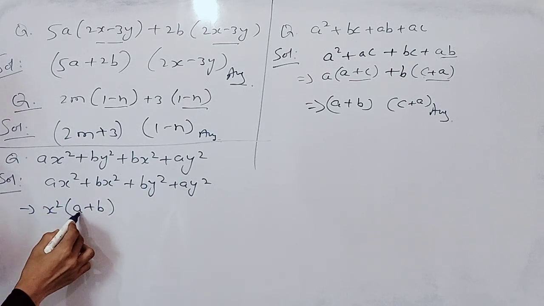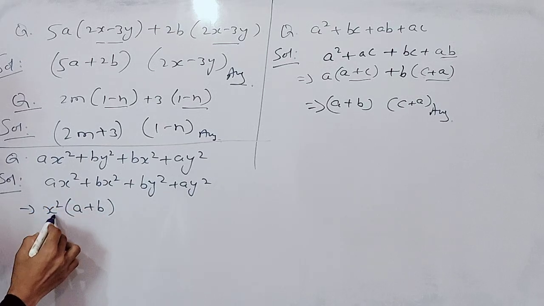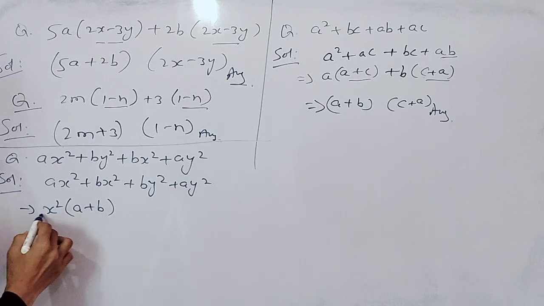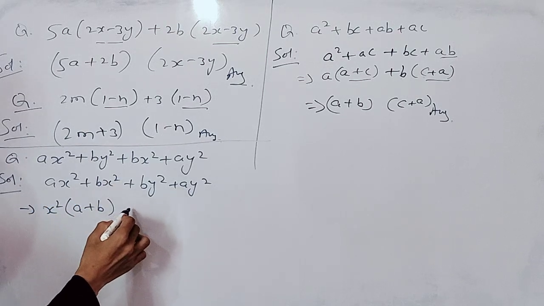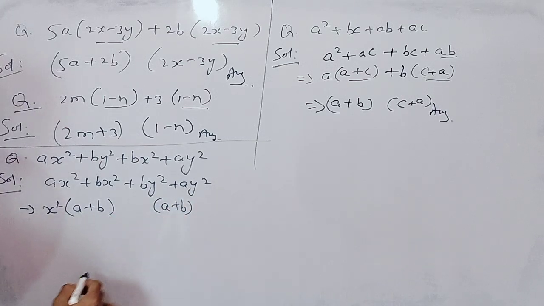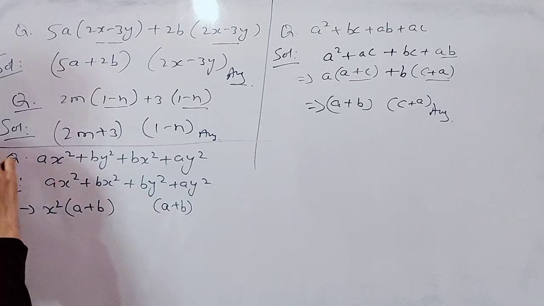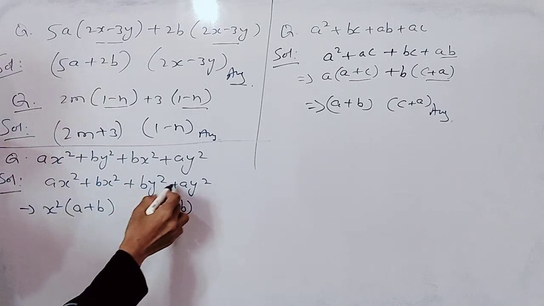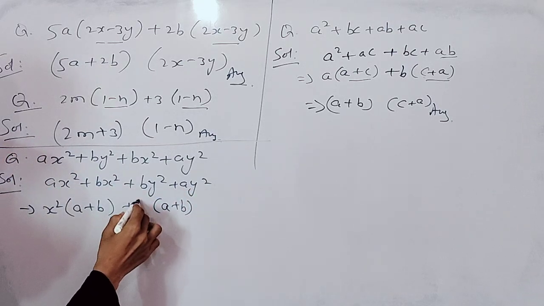Now when we multiply this by this, it will give us this. Multiply this and this, it will give us this. Now we can write this here. In this case, what is happening? Y square is common.